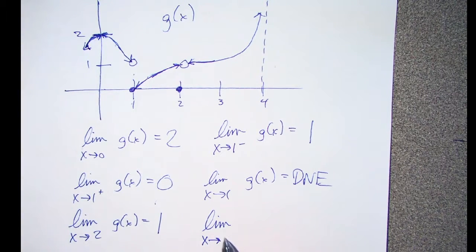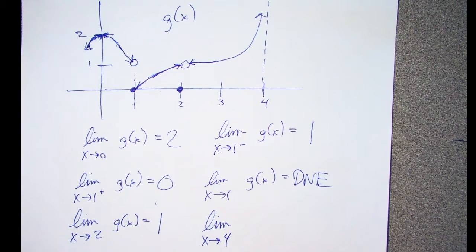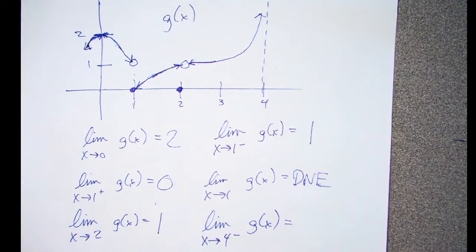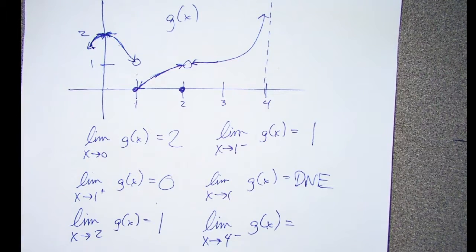Limit as x approaches 4 from the left of g of x. Now there's a little bit of, I guess, disagreement. I don't know if that's the right word, but just different ways people will write this. And I've seen the AP test do both. Technically, for the limit to exist, it has to be a number.